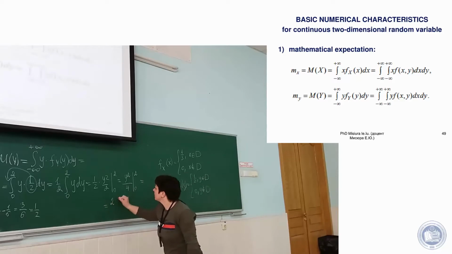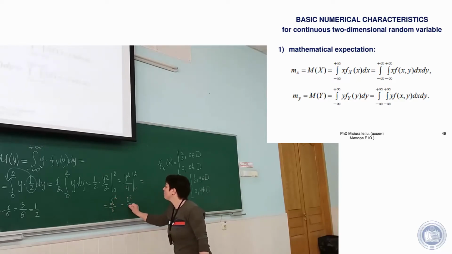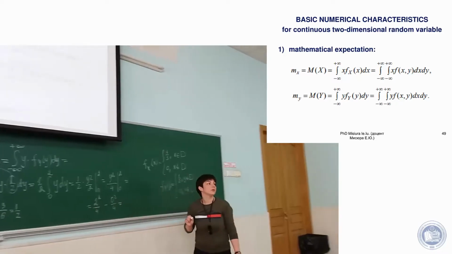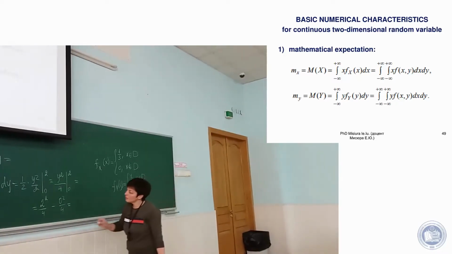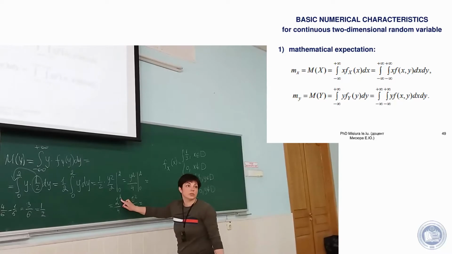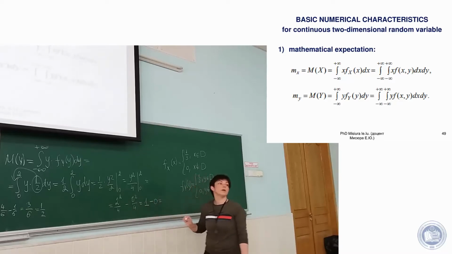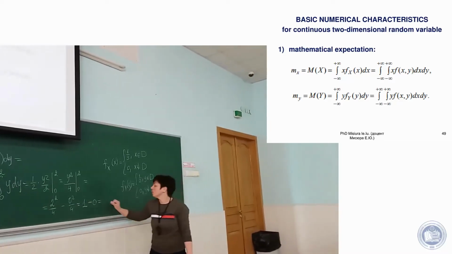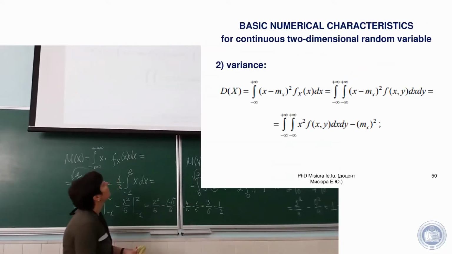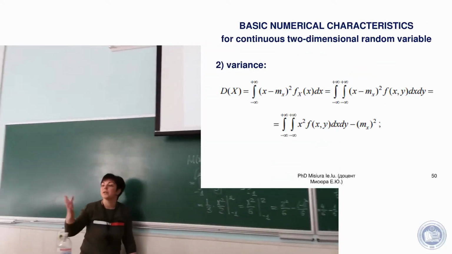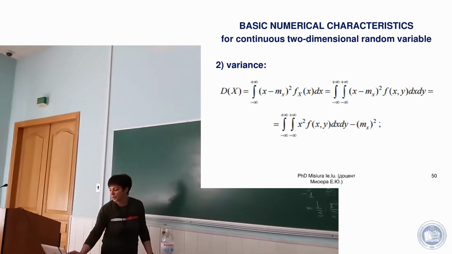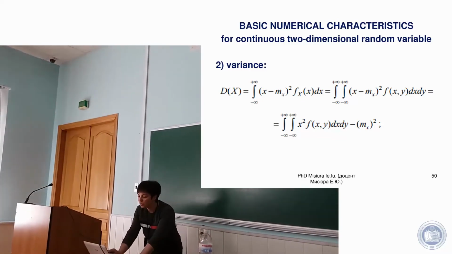You can get 2 square over 4 minus 0 square over 4. Correct or not? Okay. Yes, 2 square will be 4. Yes, 4 divided by 4 equals 1. 0 divided by 4 will be 0. 1 minus 0 equals 1. With the help of integrals, you can find D of x, M of x squared, and so on.